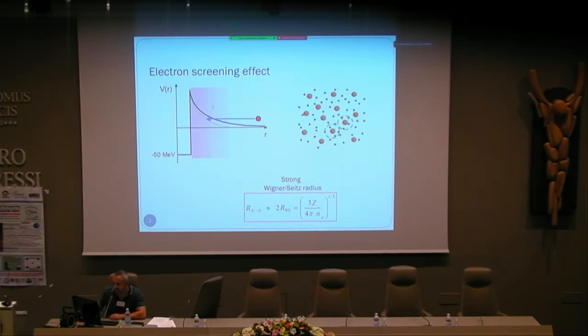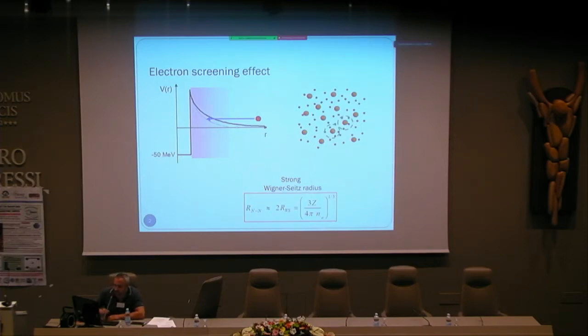So this graph was already shown. The screening effect effectively lowers and narrows the Coulomb barrier, and it enables deuterons, in our case, to react with greater ease.